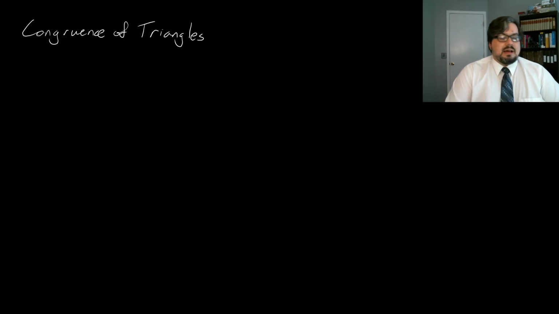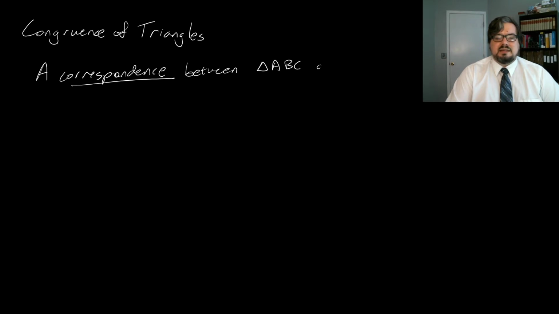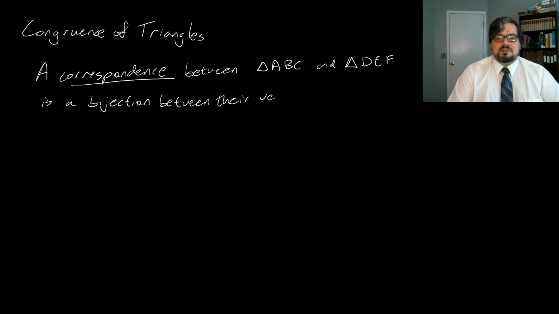So, let's start with the following notion: a correspondence between a triangle ABC and a triangle DEF is a bijection between their vertices.